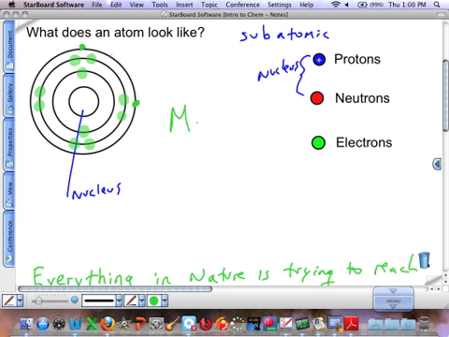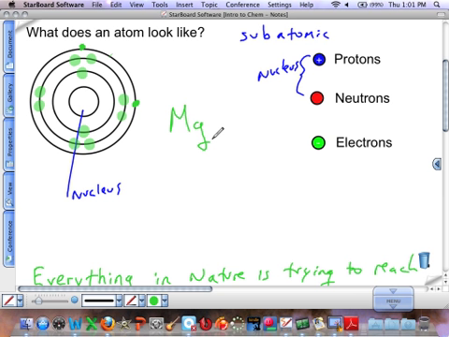Alright, so right here, Mg is our element. And here's the ion. This is where the ions come into play. Remember we said earlier, what's easier? Bring in 6 more electrons, or get rid of 2? Get rid of 2.